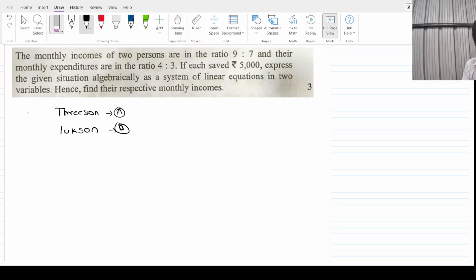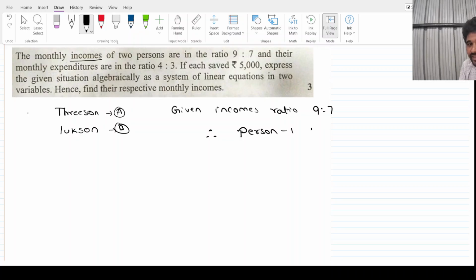Okay, now see here. First I am writing the income ratio. Given incomes ratio 9:7. Therefore, person 1 income is equal to 9x.